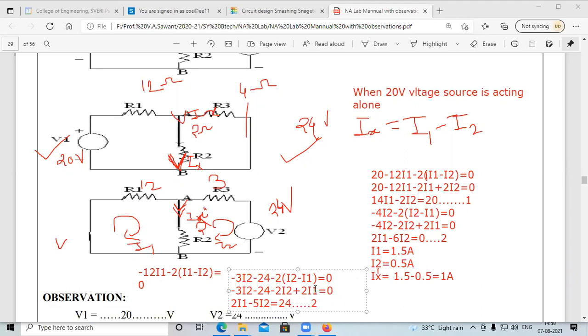By solving equations 1 and 2, what is the value of I1 and I2? Put the values in the calculator and tell me the answer.